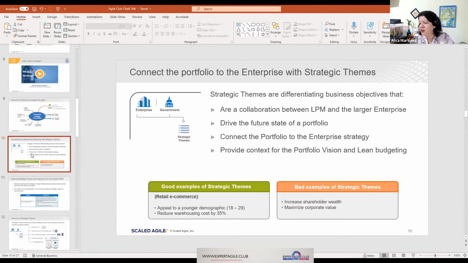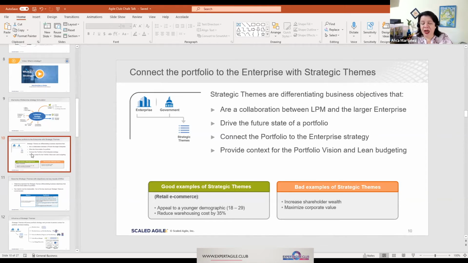And now here, what is the key? The key is, okay, how do you connect the portfolio to these strategic themes? First of all, let's define what a strategic theme is. At the end, they are business objectives that will help drive the future state of the portfolio, of course connecting to the enterprise and providing the context.